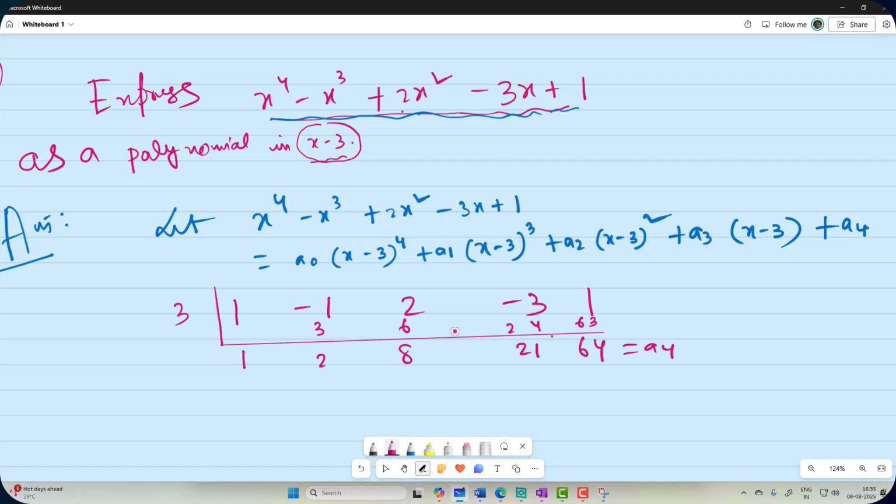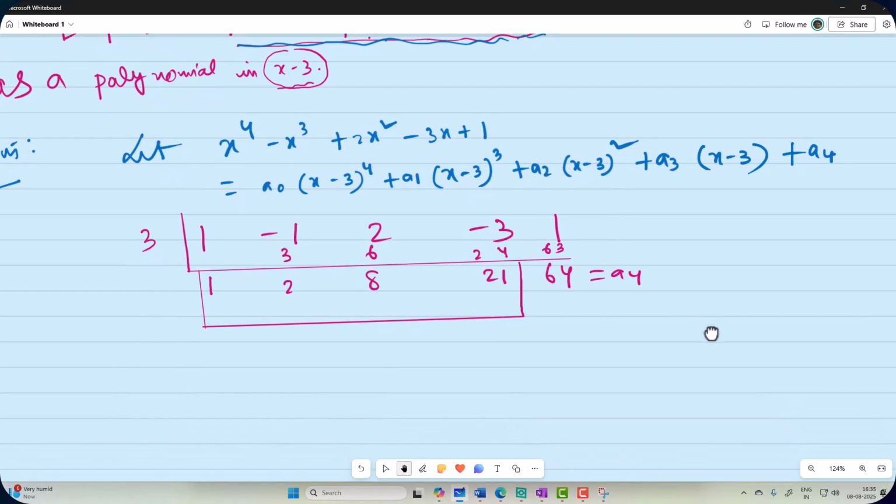Now what to do? I told you repeated application of synthetic division is required here. We are going to divide this; quotient and remainder you can write easily. But here my aim is different. I want to express in terms of a polynomial. The absolute term a4 I got here. Now I will try to get a3. How to?